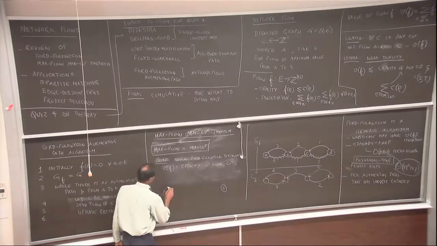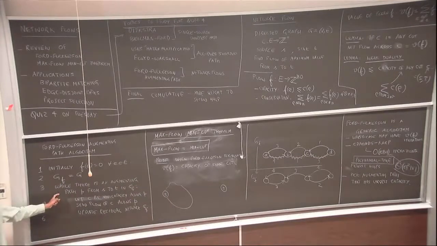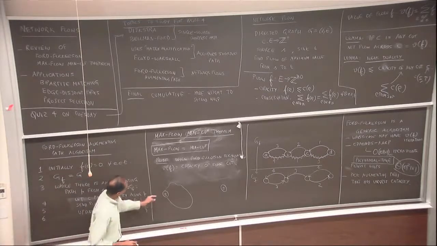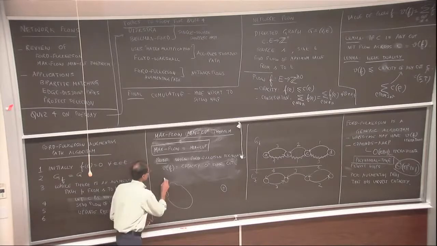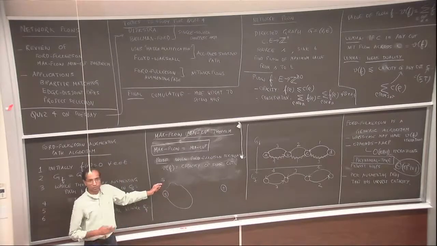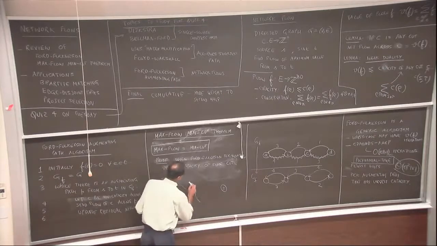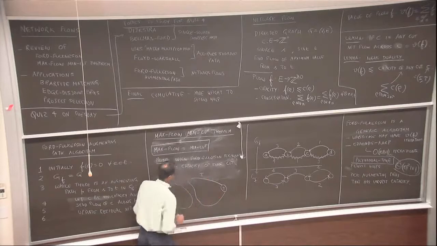So when does the Ford-Fulkerson algorithm terminate? When there is no path from source to sink. That means let's look at all the vertices that the source can reach. Let's mark them as one side. And look at all the vertices that the source cannot reach and mark them as the other side.